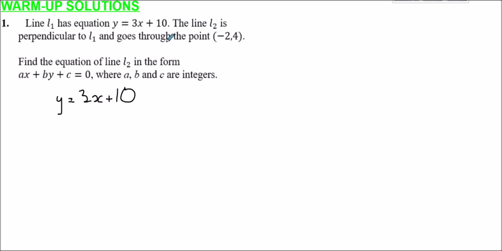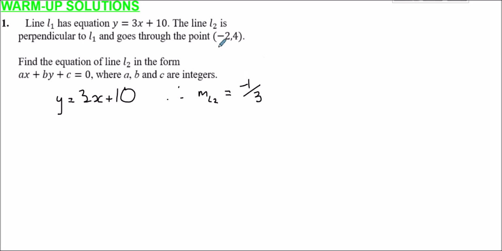Now L2 is perpendicular to that one. Because the gradient of L1 is 3, we can therefore see that the gradient of L2 is going to be the negative reciprocal of the gradient of L1, so it's going to be the negative reciprocal of 3. In other words, it's going to have a gradient minus a third.